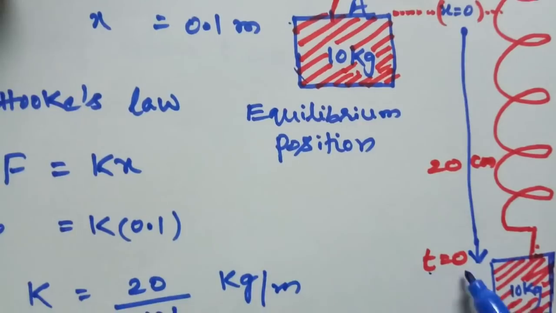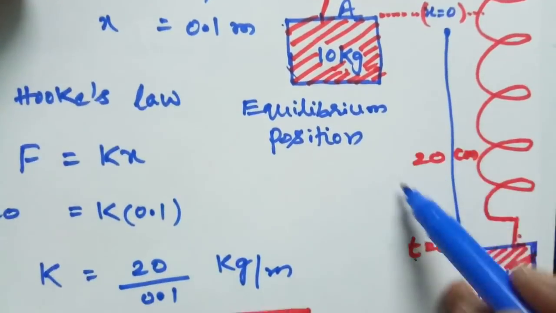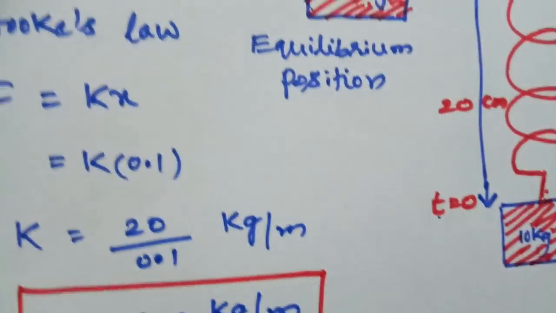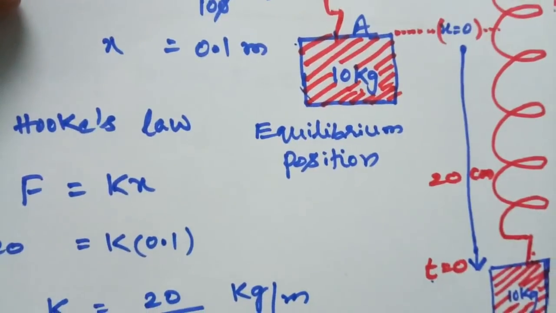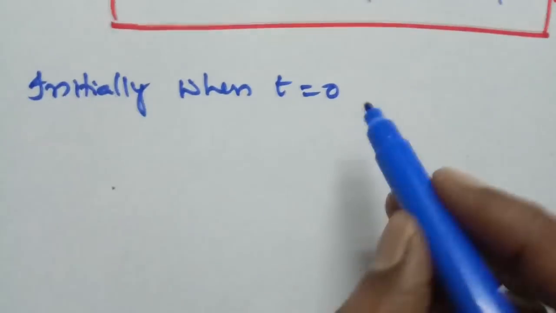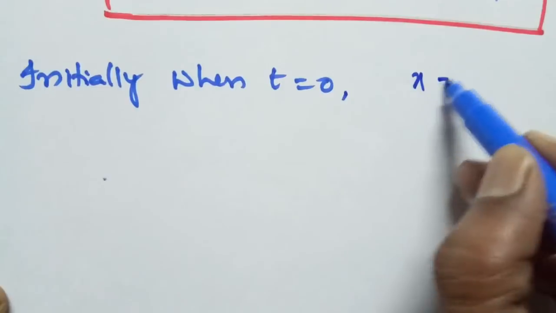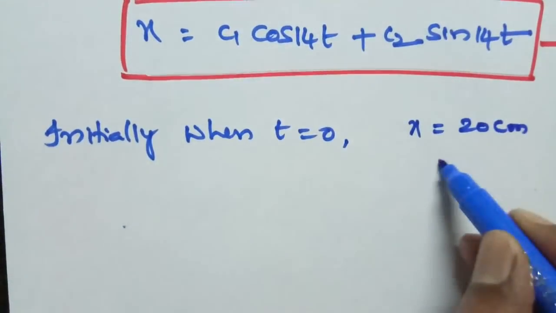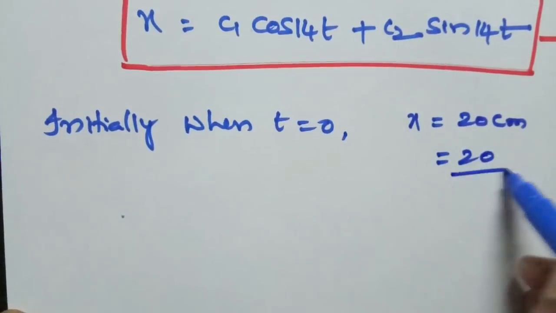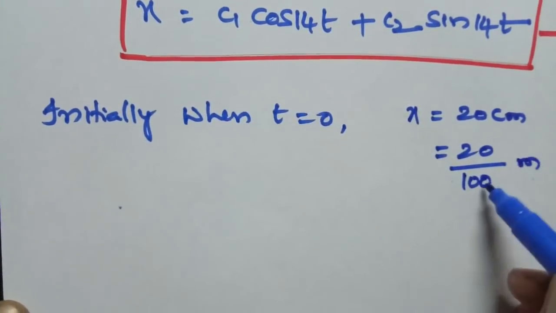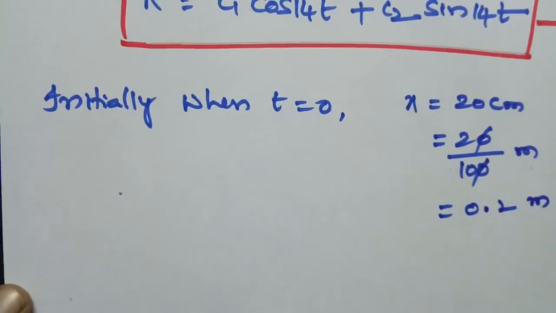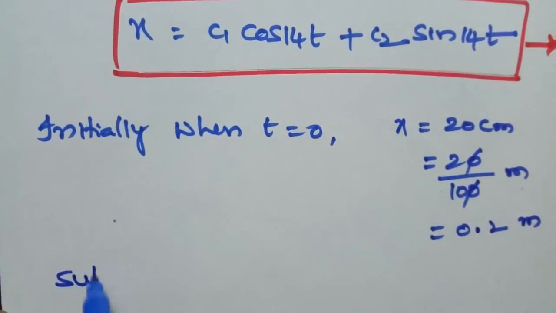At t equal to 0, x is equal to 20 centimeters. We are converting into meters, 20 by 100 meters, that is equal to 0.2 meters.